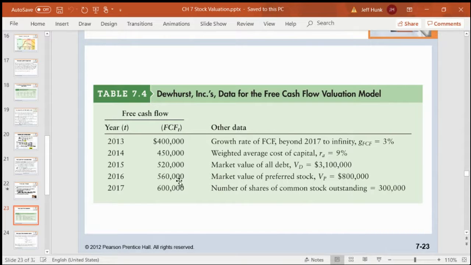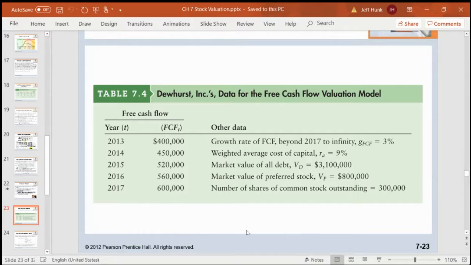Use the Gordon growth model, and for the next 5 years, the cash flow is projected and is given to you. So what do you need to do? Just like in the variable growth model, you find the present values of these and combine it with the Gordon growth model, right? And then that's the value of the company.